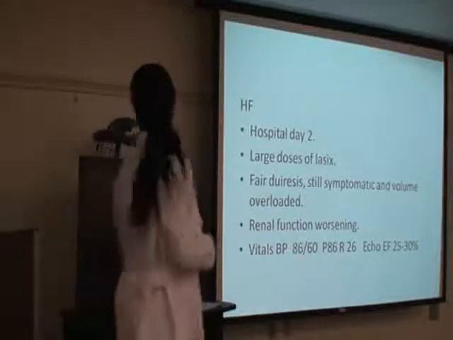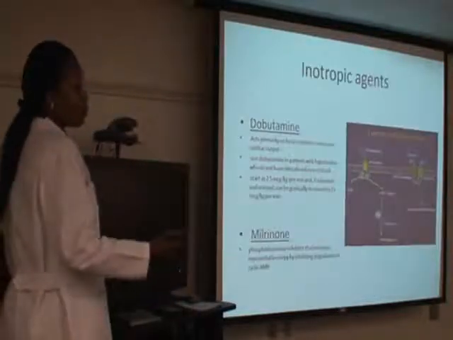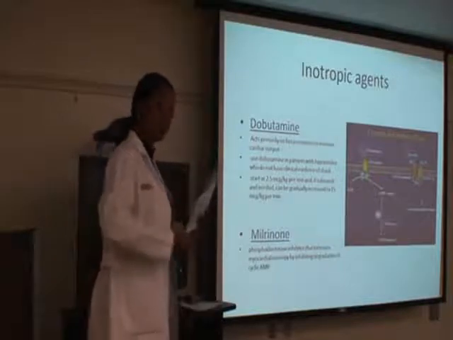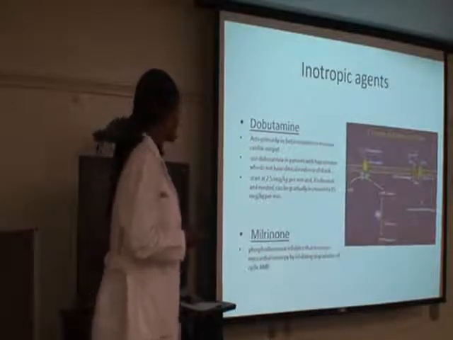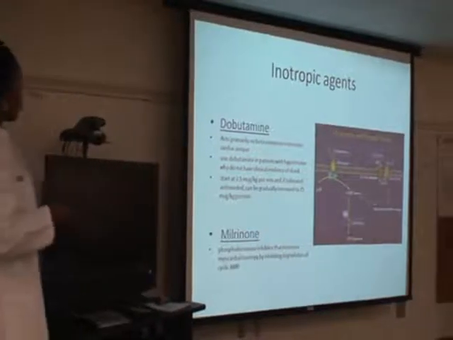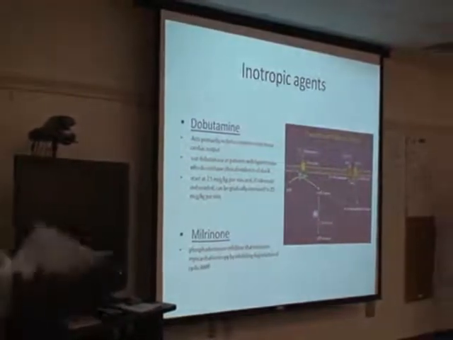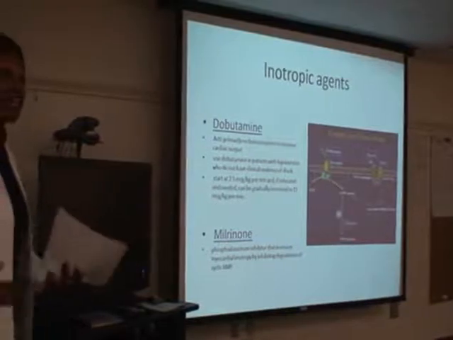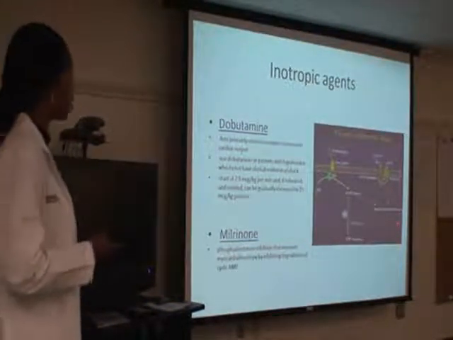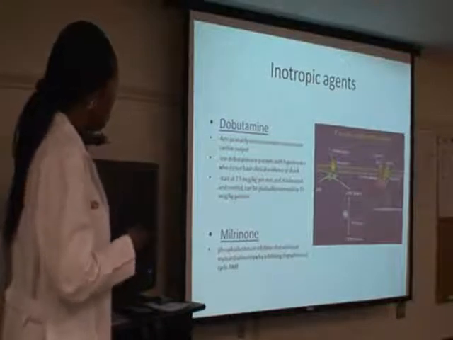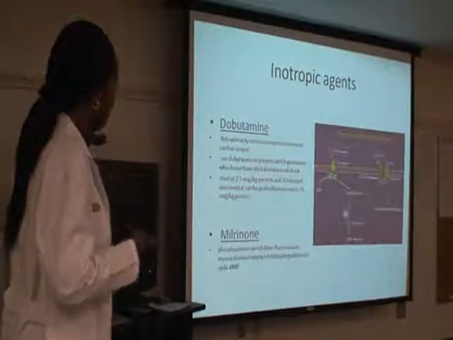So here you are, you're trying all your diuretics, nothing's working. That's when you use your inotropes, okay? What inotropic agents do is increase myocardial contractility, and the way they do that is by increasing intracellular calcium. Right here is your cardiac muscle cell, and this is the cell membrane.